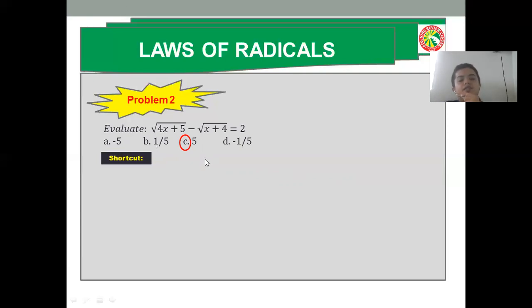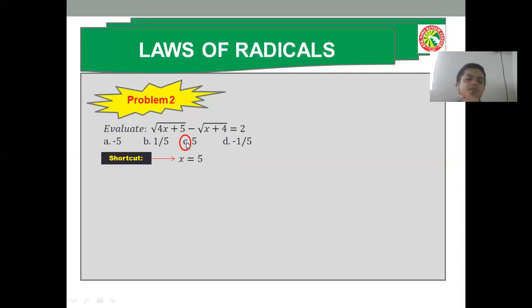It's okay as long as you only pick choices, and it saves time rather than doing simplification of this one, which involves two radicals, so it takes time. It is easier to use the shortcut.